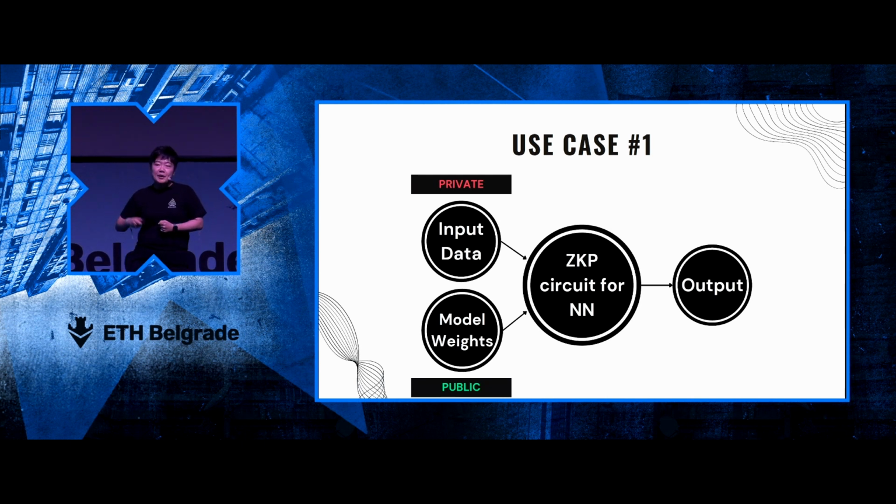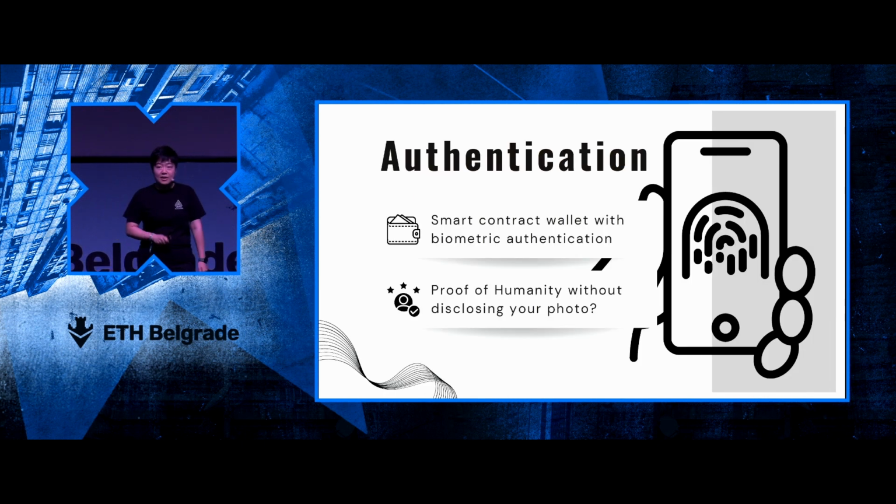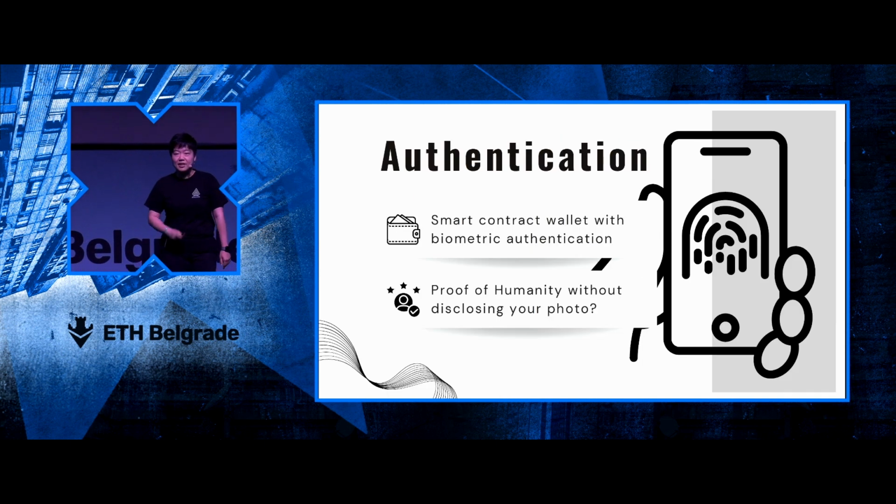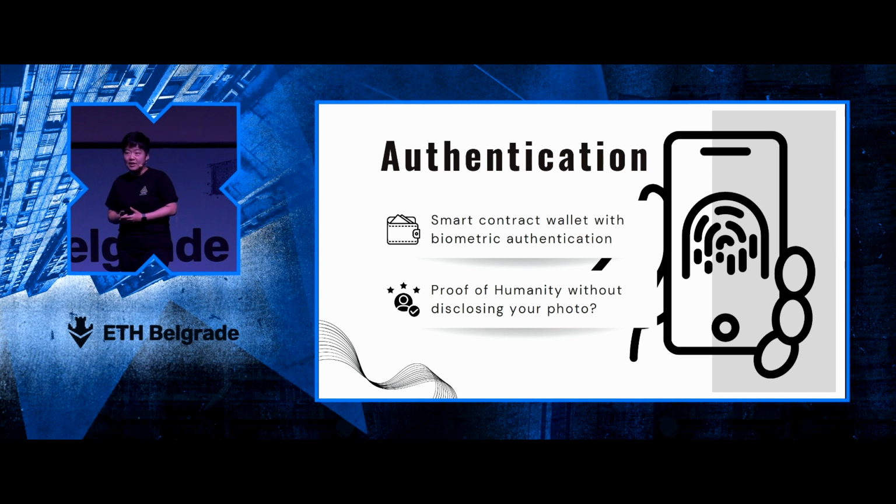To put it in a more concrete use case, let's look at this example: authentication. A use case with private input data and a public model would be authentication that uses your biometric data. It could be, say, a smart contract wallet with biometric authentication.